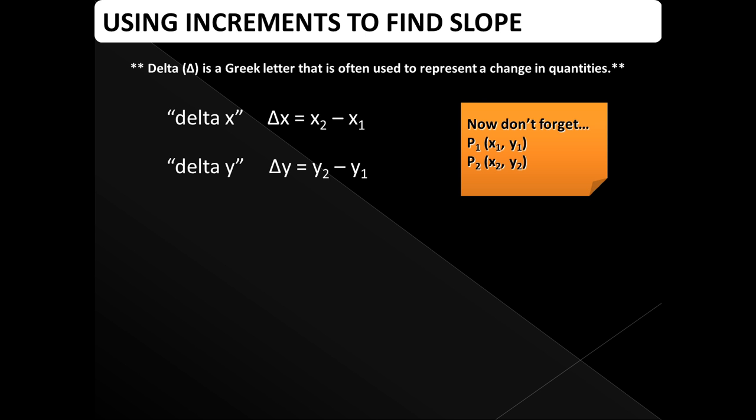And remember, these x1s, y1s, x2s, y2s come from the coordinates of the 2 points that we're using to calculate the slope of our line. So that would mean, of course, as you all remember, slope of a line is the change in y over change in x. So y2 minus y1 over x2 minus x1.